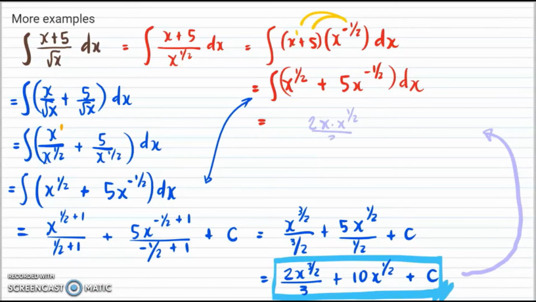So all over 3 plus 10x raised to 1/2 plus c. And finally, we'll have 2x, x raised to 1/2 is square root of x, and all over 3 plus 10 square root of x plus c. This could also be your final answer.